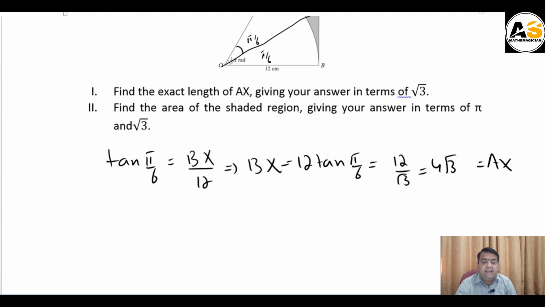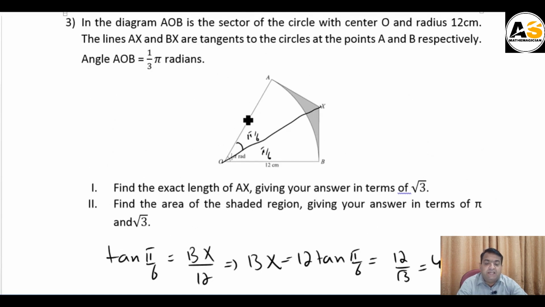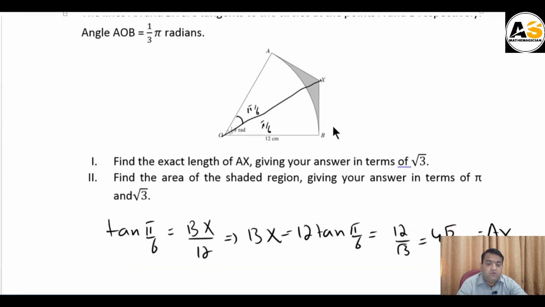Now we have to find the area of the shaded region. Area of the shaded region will be equal to area of this quadrilateral minus area of this sector. Area of this quadrilateral will be double the area of this triangle, whose base is 12 and height we just calculated, 4 under root 3.